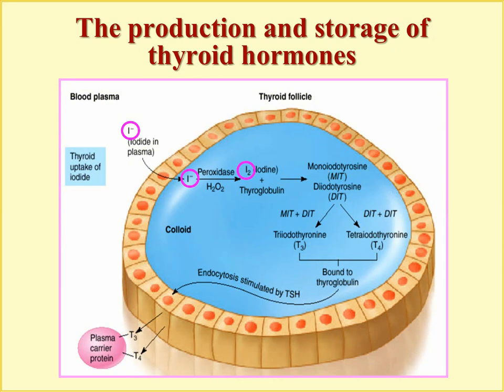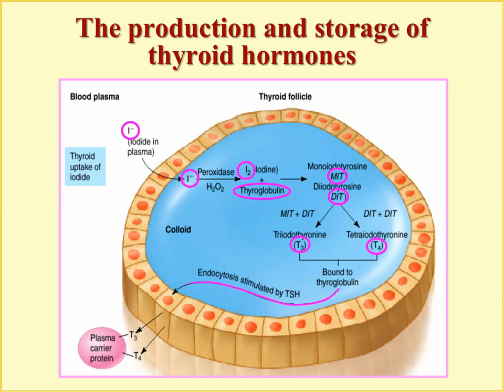And within this thyroglobulin, monoiodotyrosine and diiodotyrosine are formed. Then combination of mono and diiodotyrosine produces triiodothyronine, or T3, and combination of two diiodotyrosines creates tetraiodothyronine, or simply thyroxine. Both hormones remain attached within the thyroglobulin.